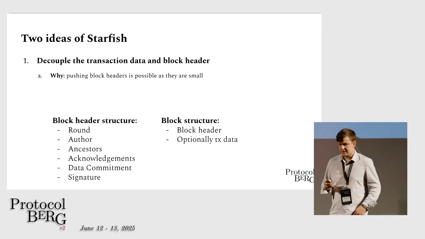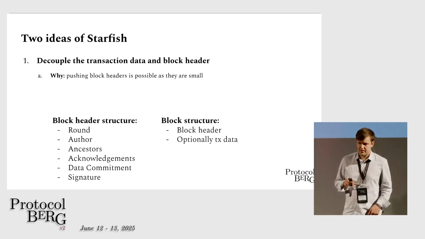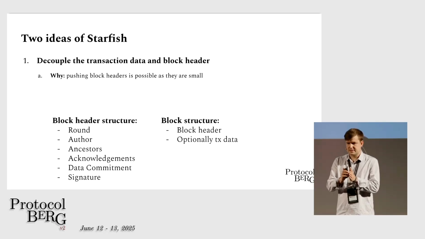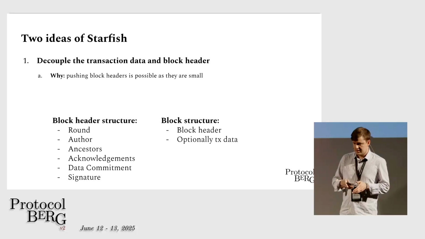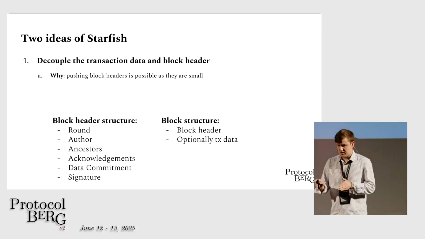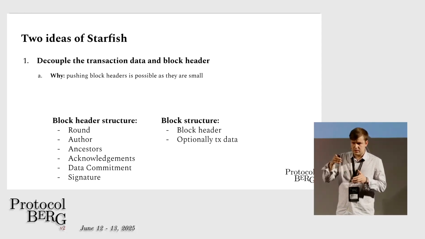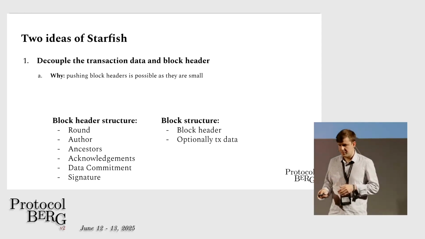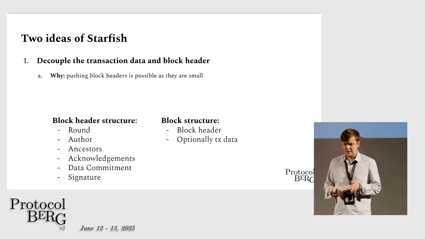The first one is we want to decouple the block structure, and we want to have transaction data and the block header separately. It's usually how it's done in many protocols, because in Mysticeti, transaction data was part of the blocks. And it's helpful because then pushing the block headers is much simpler.